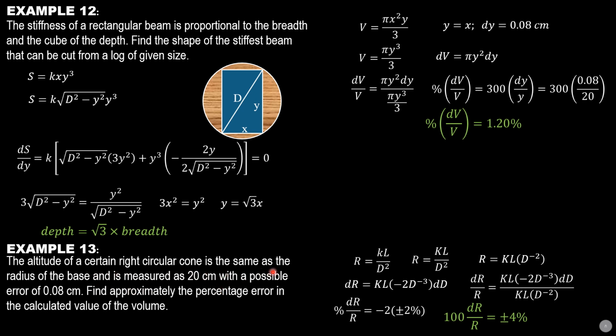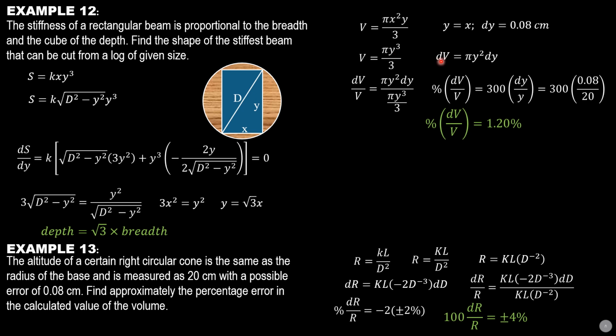The altitude is the same as the radius and is measured as 20 cm, with a possible error, differential radius or differential h, 0.08 cm, differential y or differential x, same. Then we replace x by y, so the volume reduces to pi over 3 y cubed.